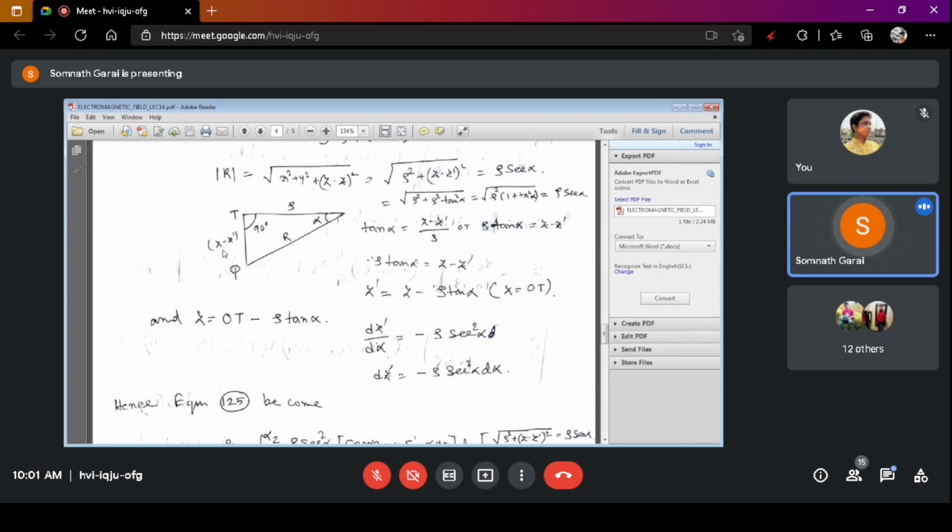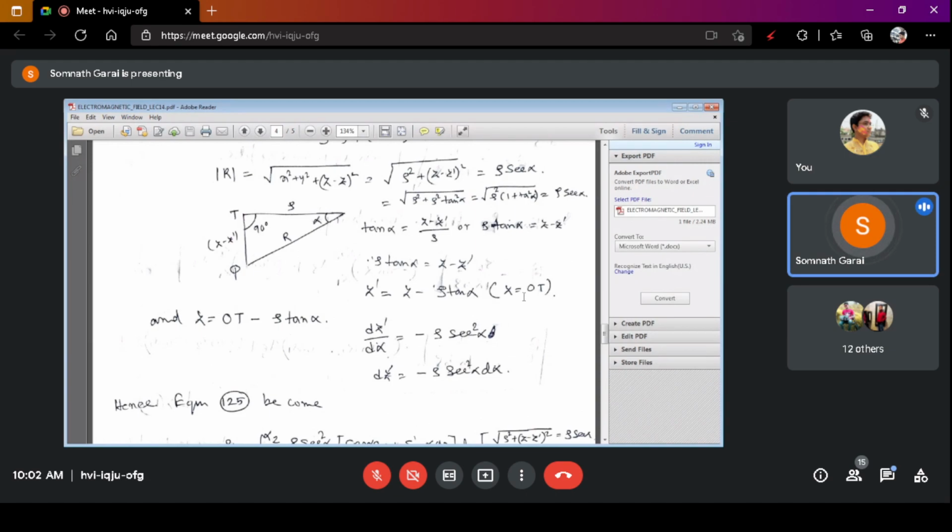Here the perpendicular is z minus z dot and the base is rho. So tan alpha is equal to (z minus z dot) by rho. So z minus z dot is equal to rho tan alpha. So z dot is equal to z minus rho tan alpha. Got my point? Clear?